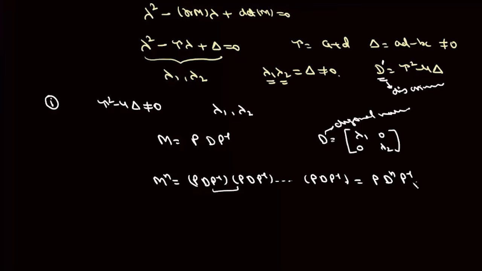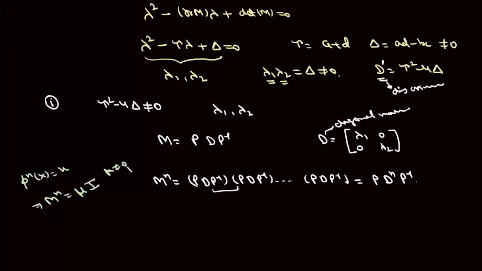Now P inverse into P is I, so it will be P D to the power n P inverse. We already know that if phi has order n, then phi n x will be x, which implies M to the power n will be some mu I, where mu is any non-zero constant. So we can write mu I equals P D to the power n P inverse, or mu P is P into D to the power n.